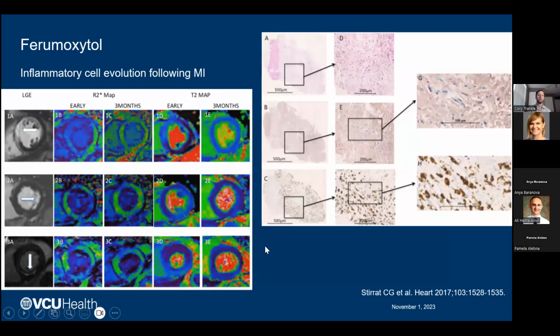Or in the myocardium, it can show the inflammatory cell evolution following an MI, or there's been some really interesting work where they've looked at things like Takotsubo, Dana Dawson's group. She came and spoke to us a couple of years back about her work, but it's taken up by the macrophages. And so what you end up with is areas that have active inflammation will be enhanced by these techniques after giving ferumoxytol.